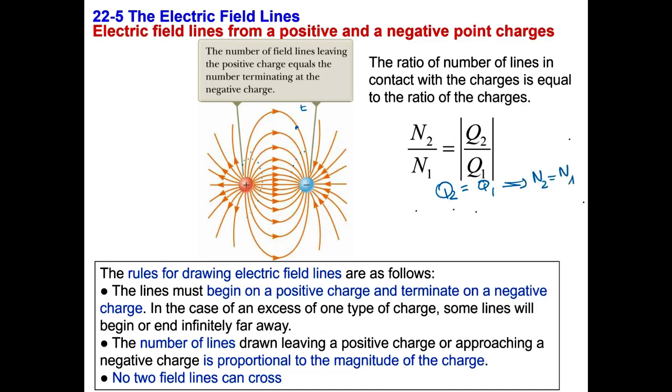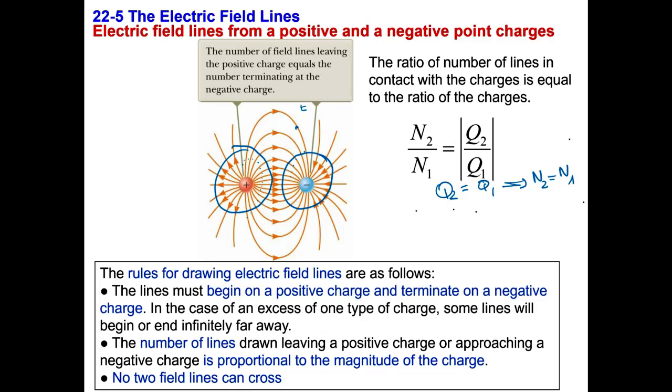If the charges are equal, the number of lines entering the negative charge and leaving the positive charge should be the same, because these are similar charges.